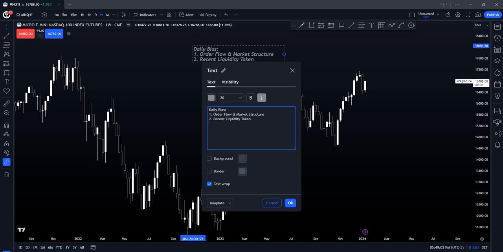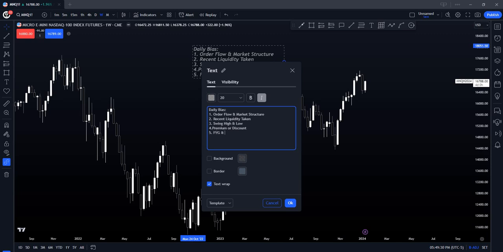Step number 3 is going to be swing highs and lows. And 4 is premium or discount. And number 5 is going to be fair value gaps and order blocks.